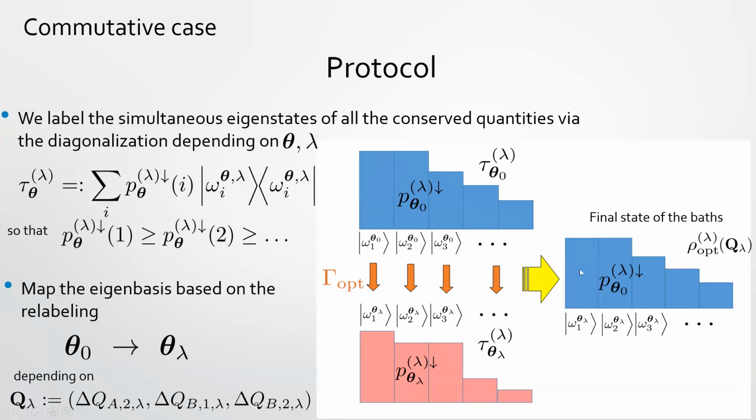So then the eigenvalue of the initial state and the eigenvalue of the final state have the same values. This means we only have a change of the order of those eigenvalues. So then we have a final state.